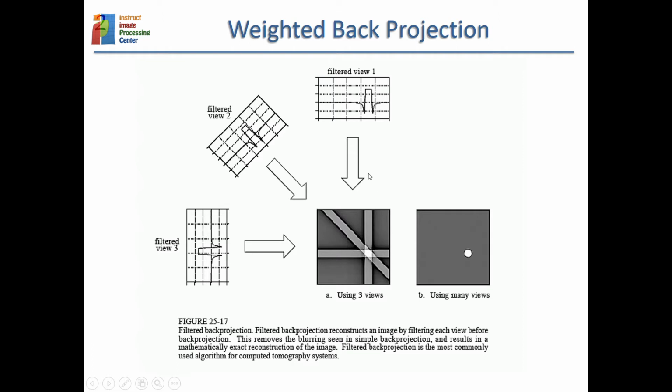So we put 0.015 in each one of the pixels, so that when we sum the 100 pixels, we get the 1.5 that we had at this location.